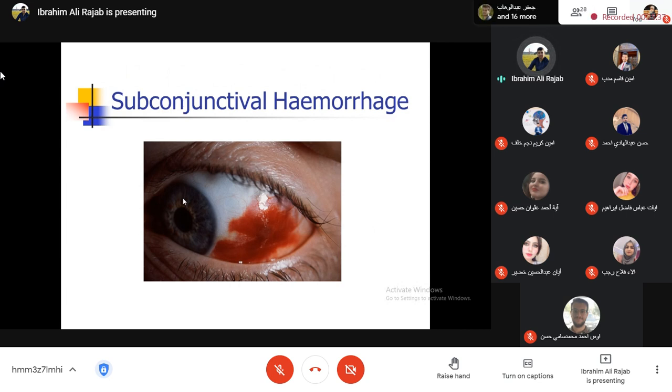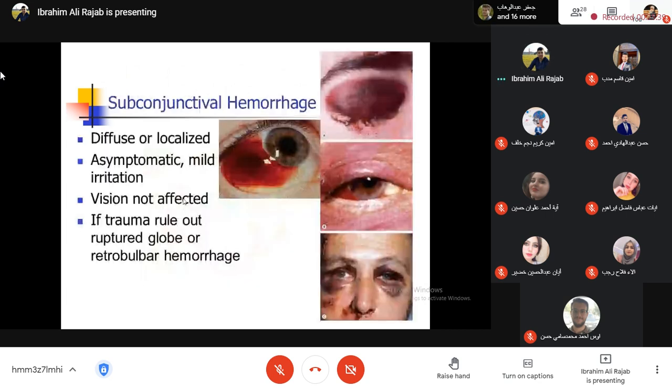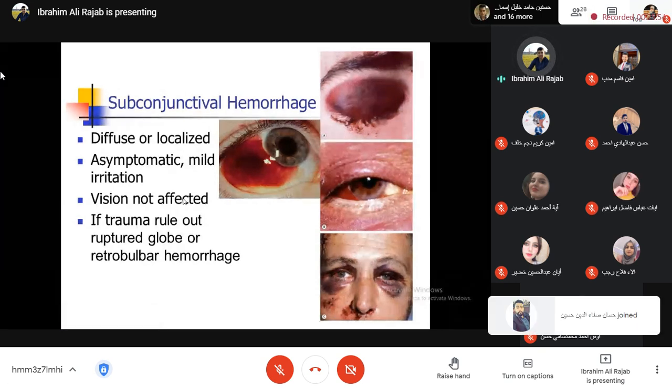The cause of subconjunctival hemorrhage is mostly due to Valsalva maneuver, when the patient strains against a closed nostril and a closed mouth, there will be a rise of the pressure inside these capillaries.